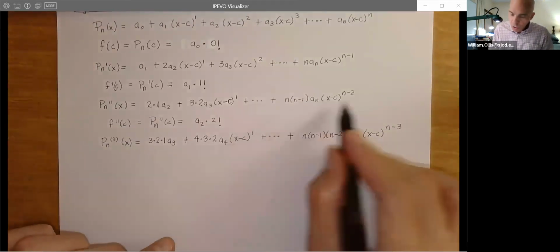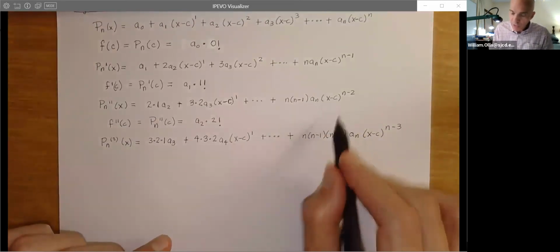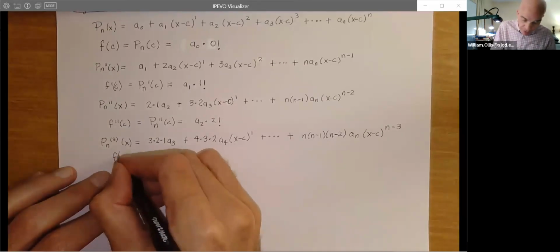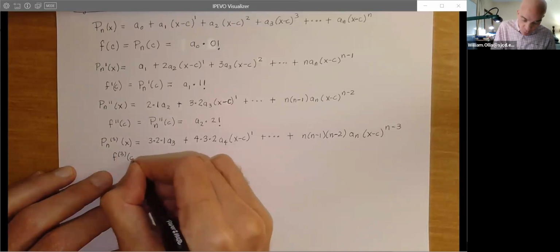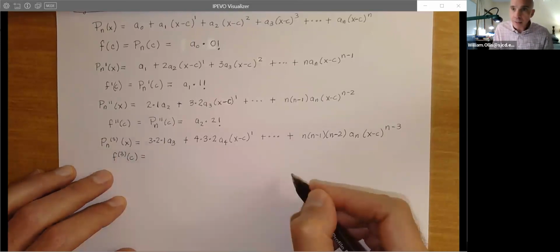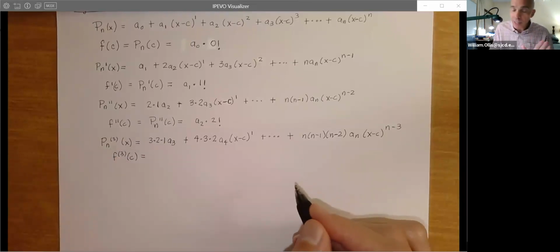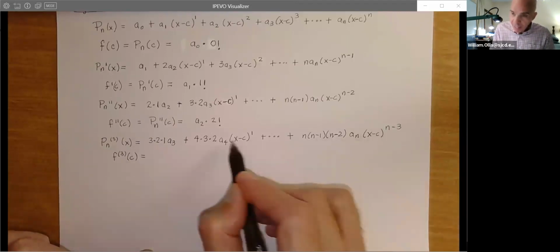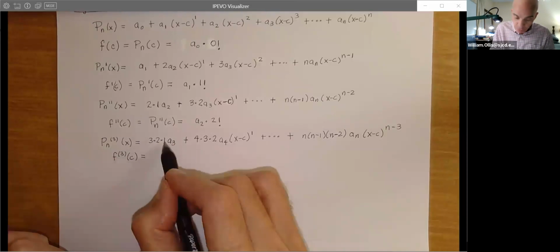So again, we're just doing the derivative game. The derivatives aren't too complicated. And now we want the agreement at the third derivatives when we evaluate at c. Again, the n plus 1 points. So now, of course, all of these terms with the x minus c vanish, and we're just left with this.